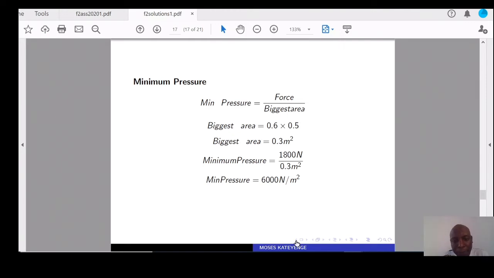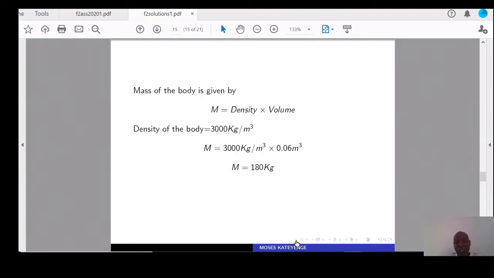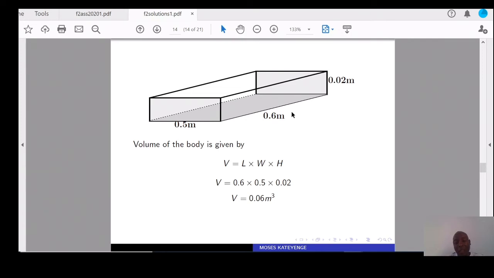Minimum pressure is going to be given by force divided by the biggest area. Now the dimensions of the figure that give the biggest area are 0.6 meters and 0.5 meters.